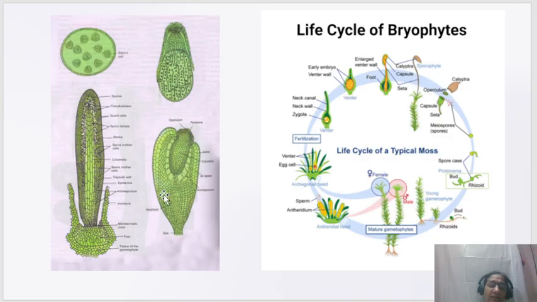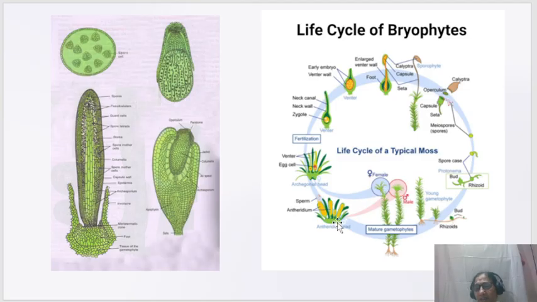When you see the life cycle of the bryophyta, there are two phases in the complete development of the bryophytes: the gametophytic phase and then the sporophytic phase. We see the mature gametophyte. On this gametophyte, the female plant develops the female gamete and the male plant develops the male gamete.